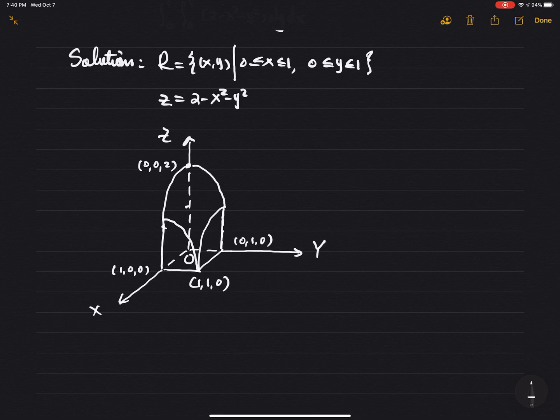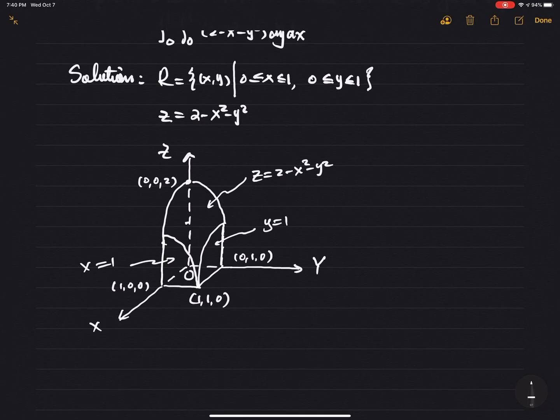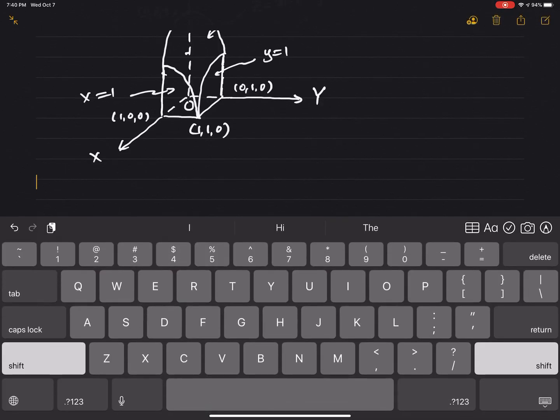Then we say this top is z equal to 2 minus x squared minus y squared. And this side is y equal to 1, and this side is x equal to 1. So that's the solid. Use your imagination, and you can probably draw a better picture than me.